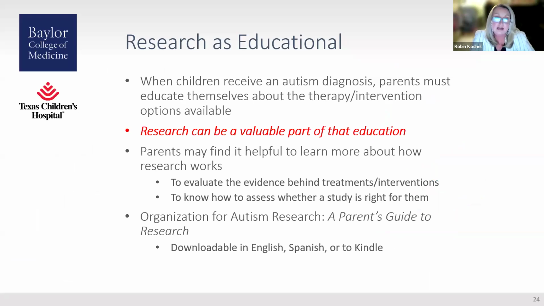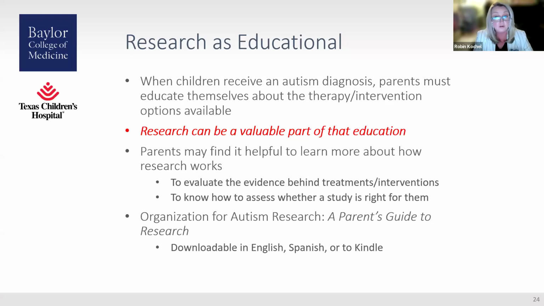Also, I like to think about research as being educational, particularly for the autism community. So when children receive an autism diagnosis, their parents must educate themselves about the different therapy and intervention options available because they're ultimately the ones that are going to have to sort through this information and choose which ones make sense for their child and their family. And research can be a really valuable part of that education.